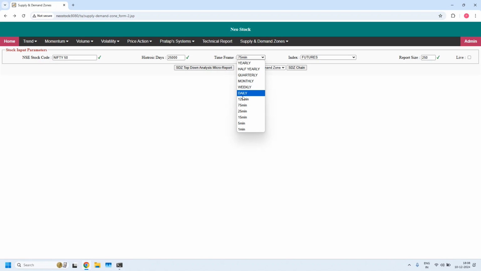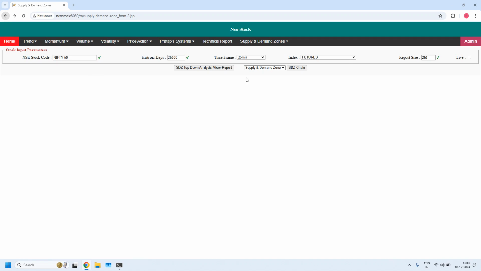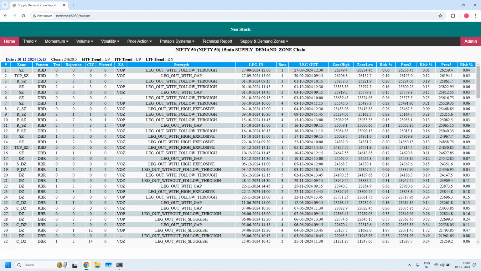Next, NIFTY 25-minute supply demand zone chain. Next, NIFTY 15 minutes supply demand zone chain.